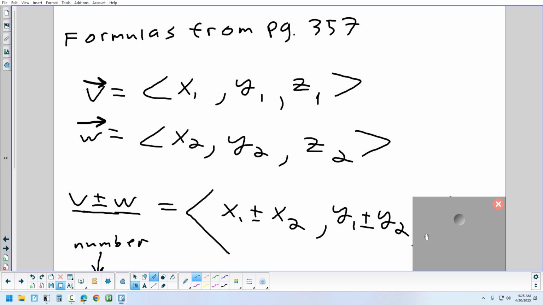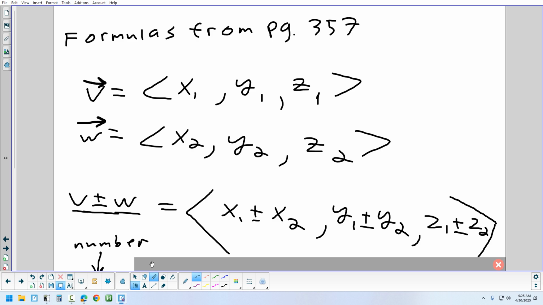And it works exactly the same for subtraction. So that's why I wrote plus or minus. Add the x components, add the y, add the z. If you're subtracting, subtract the x components, subtract the y, and subtract the z. With addition, the order doesn't matter, but with subtraction, it does. Just make sure you follow the order they tell you to follow.